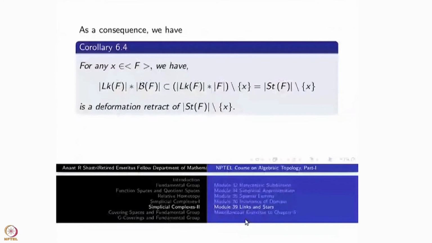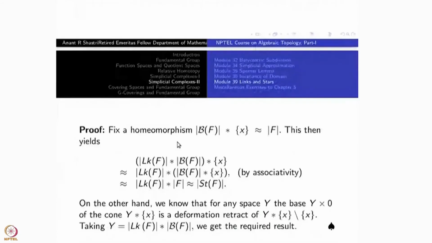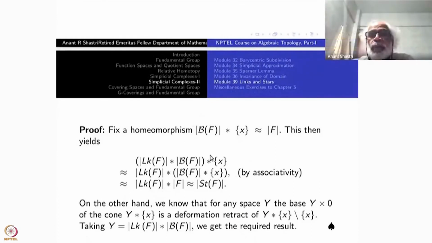So here is the proof. Fix a homeomorphism from the boundary complex of F joined with the singleton X. This is a cone. Is the whole F. We know this one. You fix some linear homeomorphism, t times this plus 1 minus t times that, etc. Fix a homeomorphism. Then look at link of F joined with boundary of F joined with X. So this I already know.